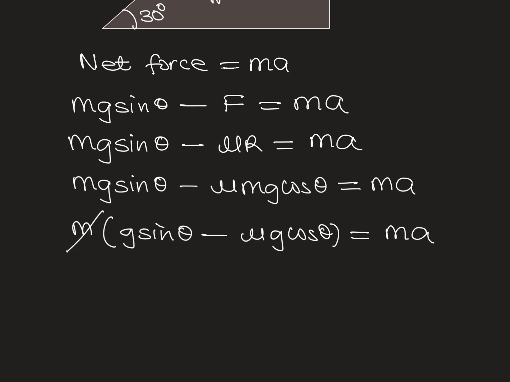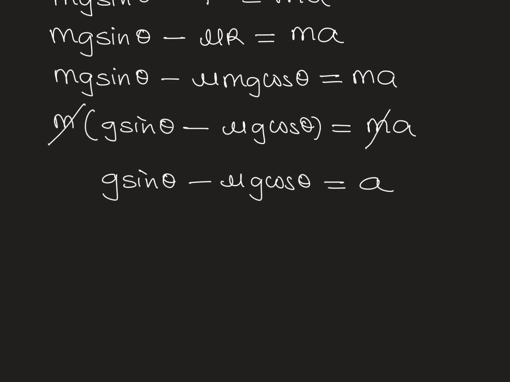So m will cancel m. So g sine theta minus mu g cos theta is equal to a. Therefore, we can say a is equal to g sine theta minus mu g cos theta.